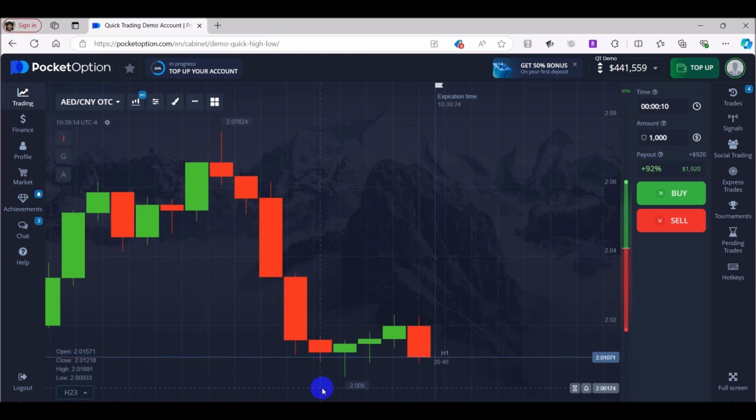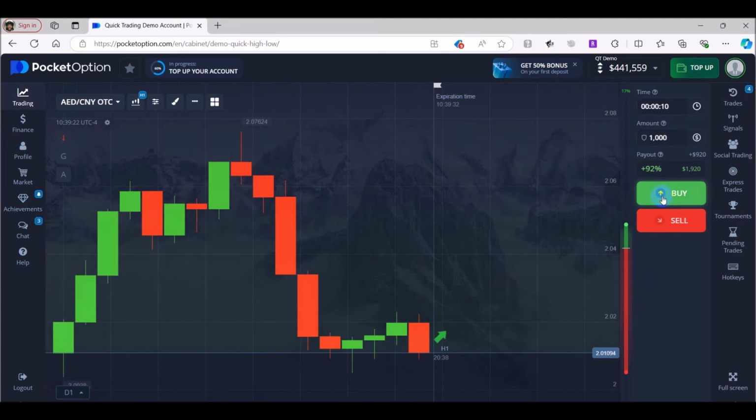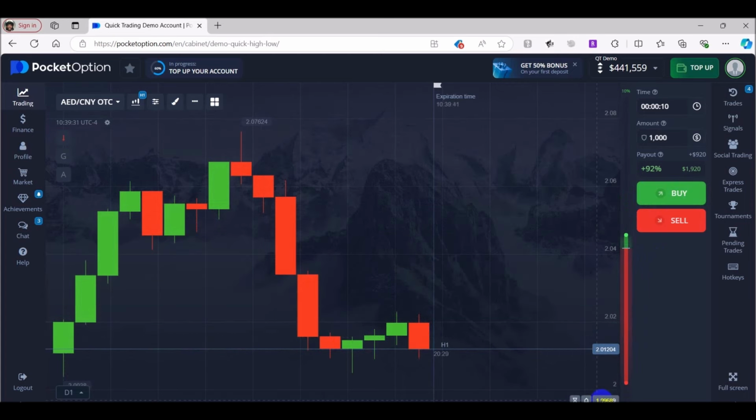Because you know at some point it's going to turn around, but you're just trying to give it time to turn around. And now it's coming on back up.